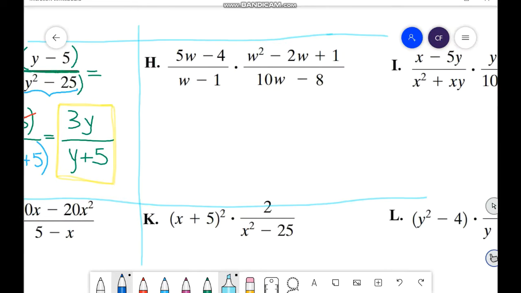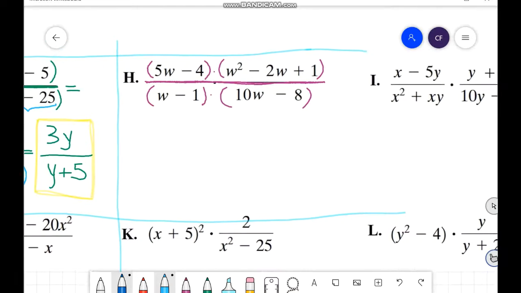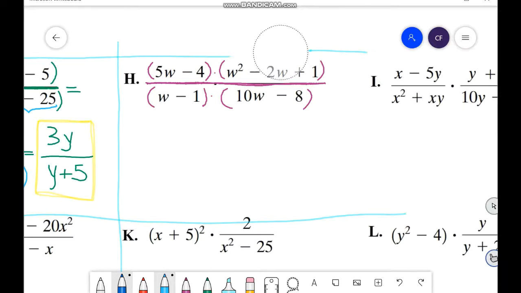Check this out. We will multiply, so draw a long line here and multiply all the numerators, multiply all the denominators. But here on the top there's a special case. The special case that you can factor out is this one here, w squared minus 2w plus 1.